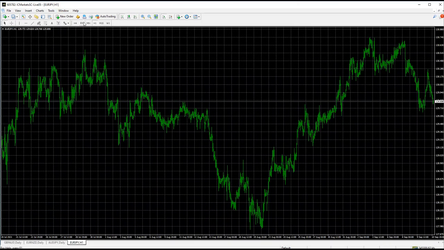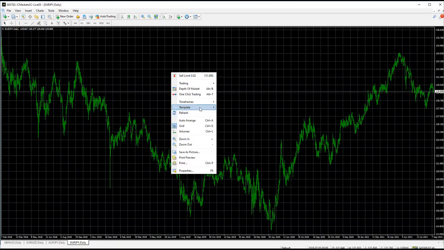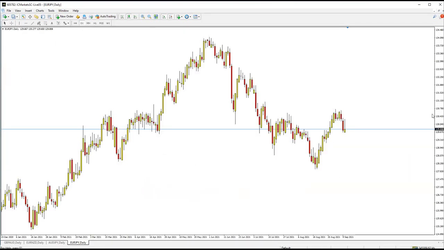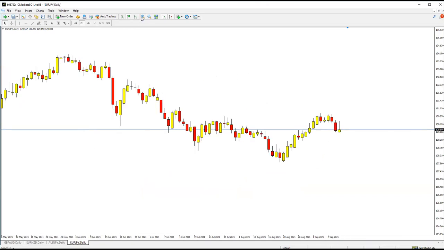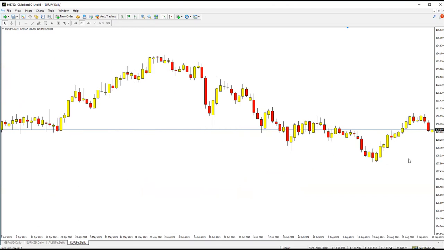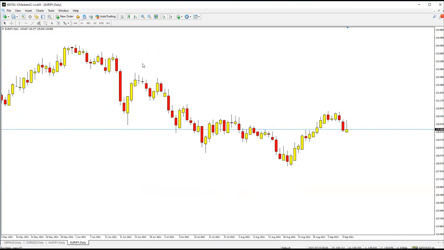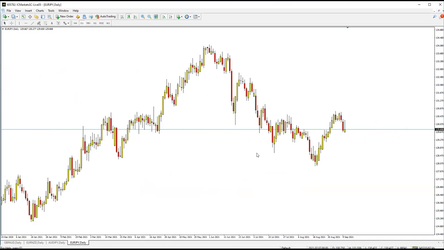Okay, let's see Euro yen. Same inside bar breakout. Same as Aussie yen.